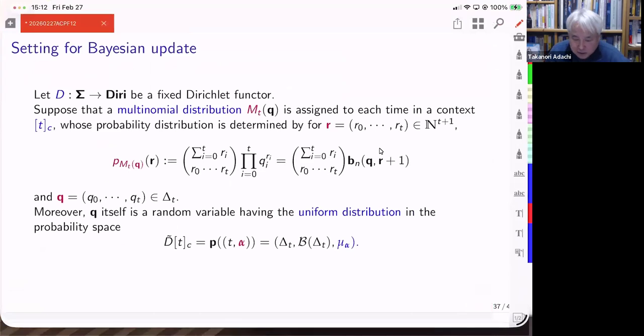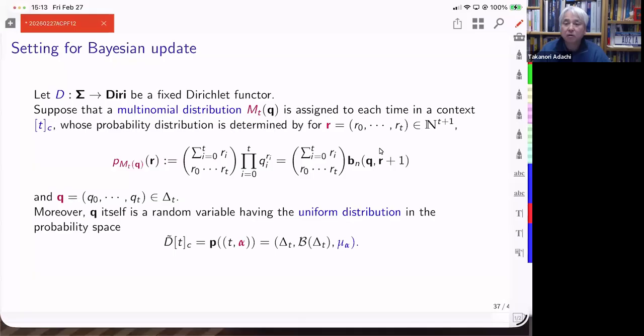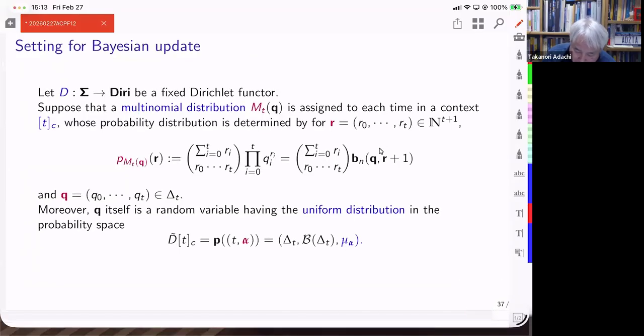Now, the last topic is how to interpret the Bayesian update, because it is well known that the Dirichlet distribution is a conjugate prior in the Bayesian sense. So we can use this. In order to do that, we need to look at the multinomial distributions, with Q as the parameters, defined like this.